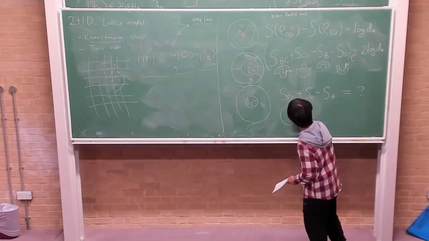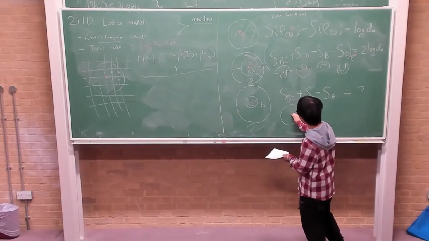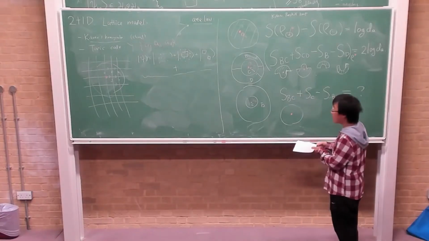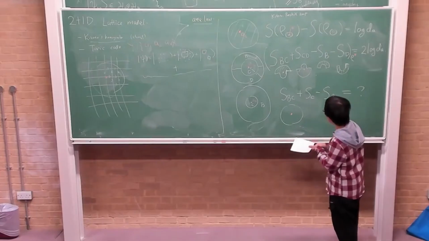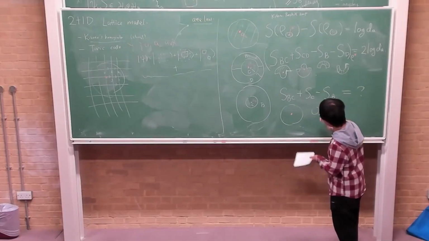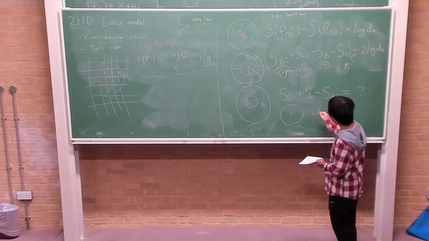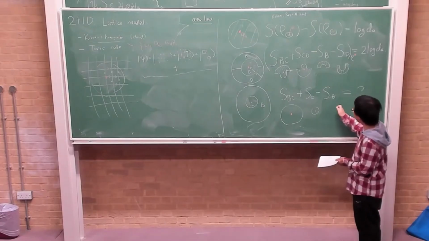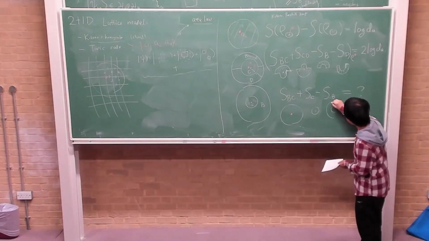We have B union C, which is the large ball. And C is a little one, smaller, but still larger than the correlation length, another ball. And B is the annulus.